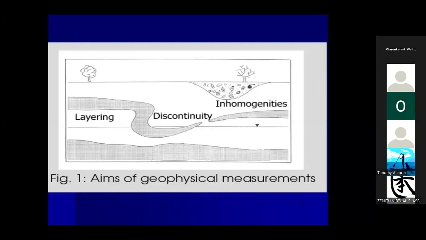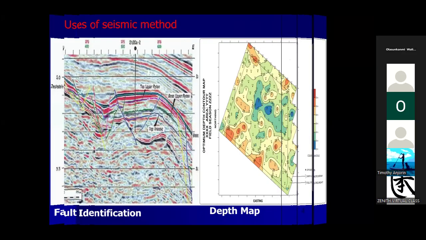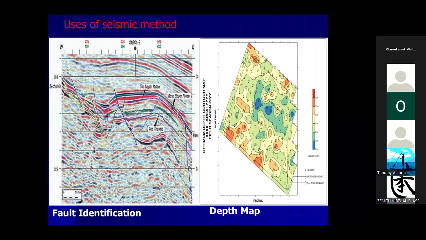When we generate our seismic section from our seismic method, what do we want to identify? We want to identify the continuity of the sand. We want to know if there's any discontinuity, maybe there's a fault. Are there any inhomogeneities that can guide us? This is the seismic section from the seismic data acquired.